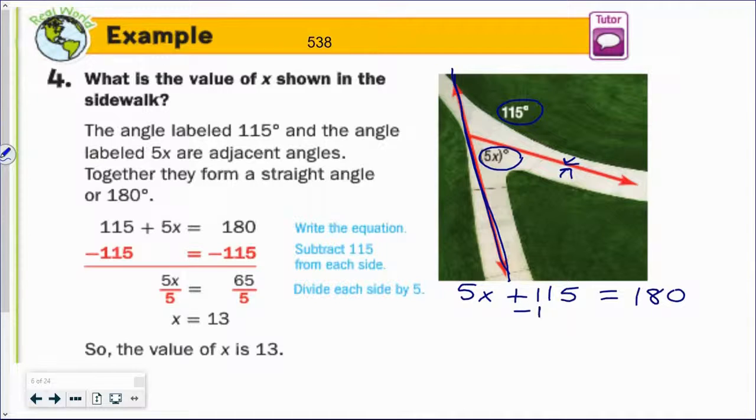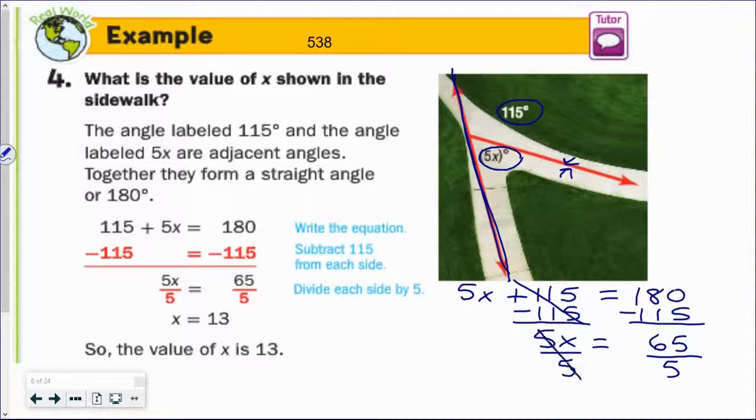I will subtract 115 degrees from both sides of the equation. Remember, using SAD-MeP, we do addition and subtraction first. And so I subtract that away. I'm left with 5x on the left is equal to 180 minus 115, which is equal to 65. Then I will divide by 5 on both sides.